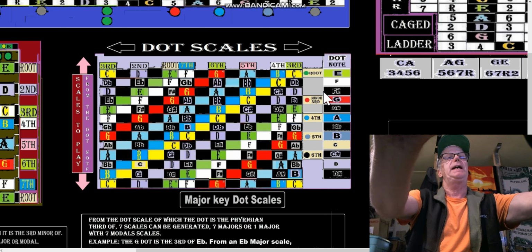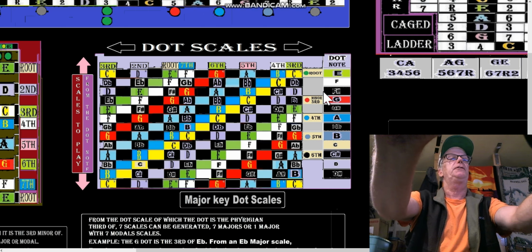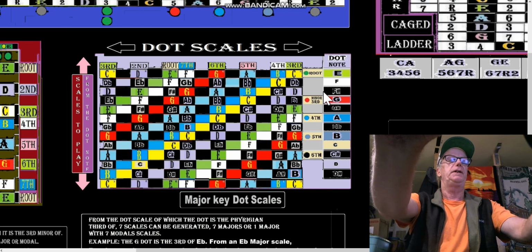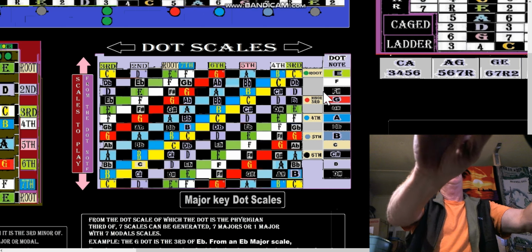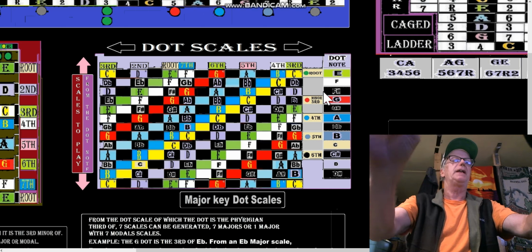It could be a member of the C scale, the fifth of the Ionian, and the fourth of the Lydian, of the Dorian, right? It could be any one of these scales, but it would be the same scale.